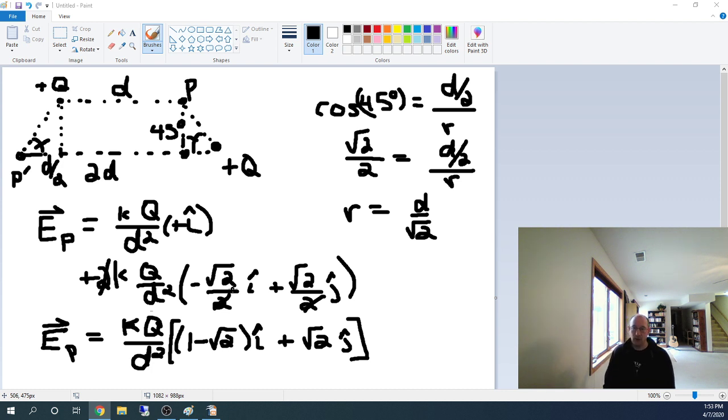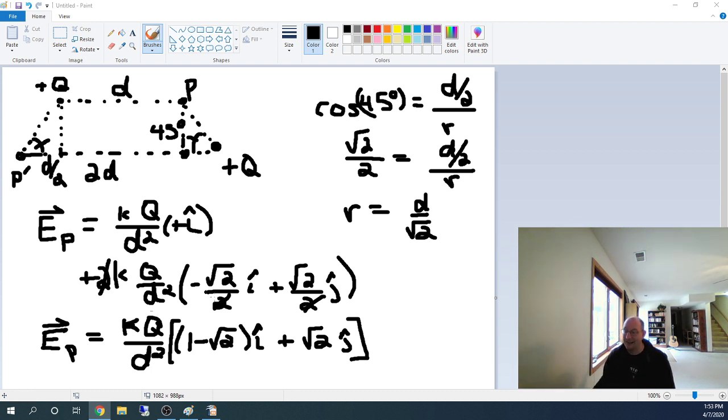Okay, so hopefully that one was clear. And again, this is point charges. We're just adding the electric field due to each individual point charge. And notice that this positive charge here, the electric field points directly away from it at the point where we want to know the field. This one, again, it's a positive charge, and pointing directly away from it here points 45 degrees above the negative x direction.